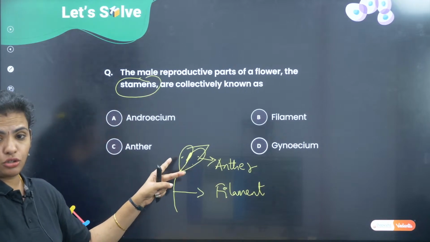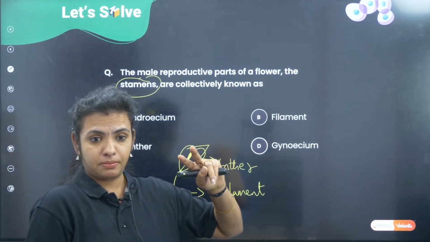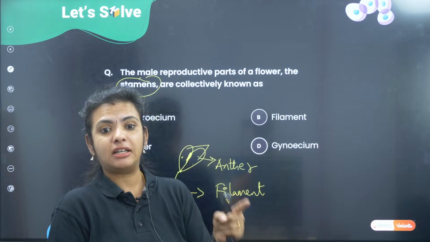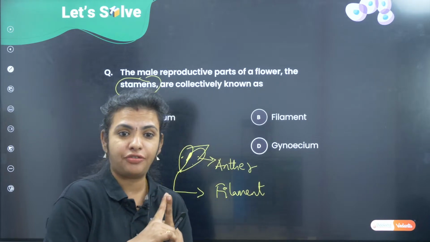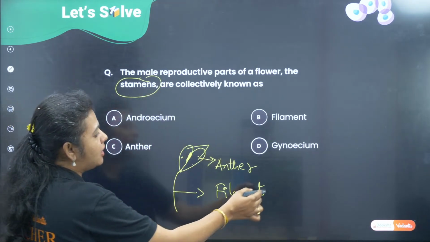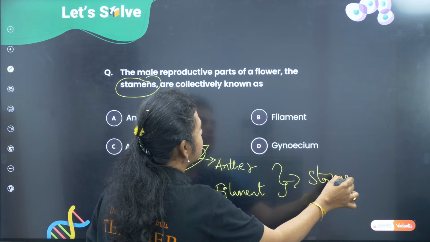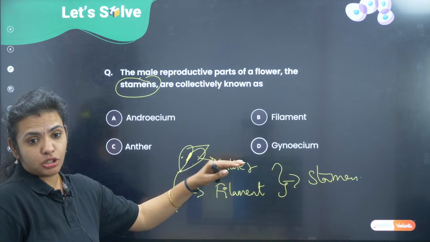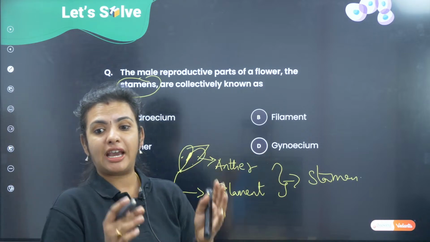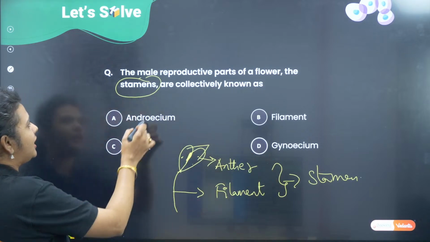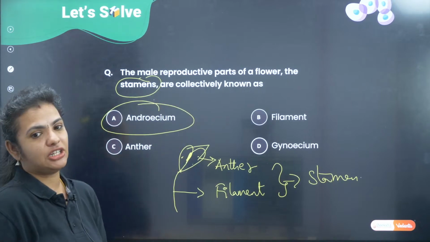So I have two anthers which are bilobed and there is a long stalk called as a filament. Together, I will call this as a stamen. Alright. So when I have groups of stamen together, then I am going to call it as androecium.